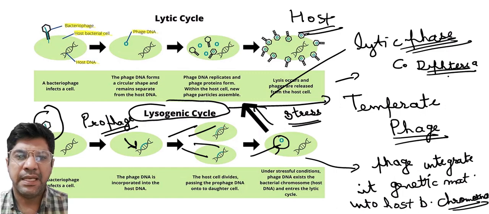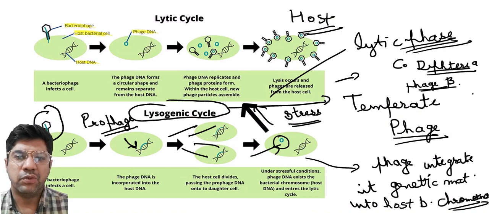So in this bacterium, lysogenization with a specific phage, that is phage beta, can confer toxigenicity and thus virulence to the bacterium.